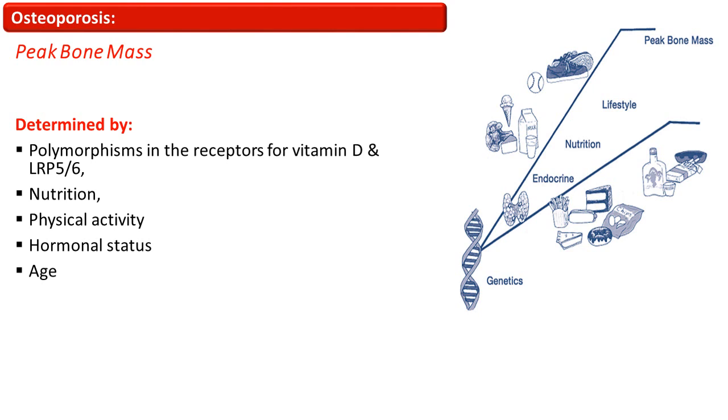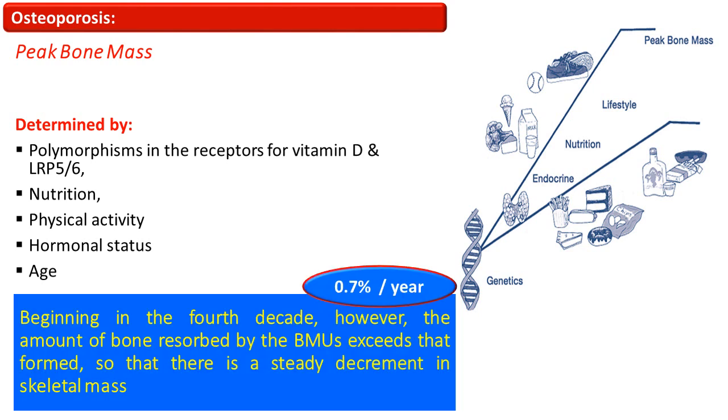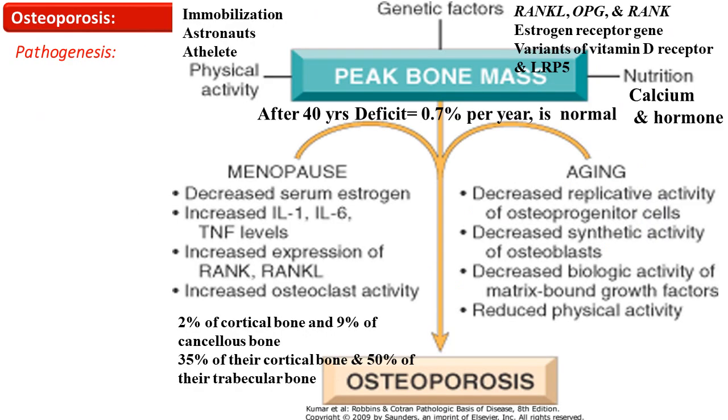Then there is polymorphism in the receptor for vitamin D, and low density lipoprotein related protein 5 or 6, and once it is attained, after the fourth decade of life there is about 0.7% decrement per year, because osteoclastic activity slightly exceeds osteoblastic activity.